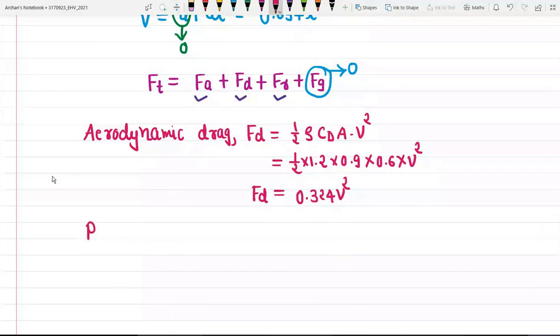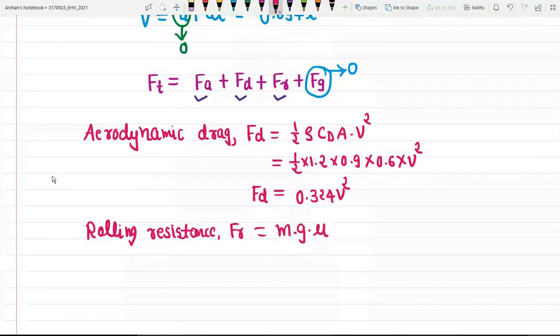Now let us try to compute the second resistance, which is rolling resistance. Rolling resistance FR is given by mg mu cos theta. But we eliminate the use of cos theta because the maximum gradient we practically find is around 10 to 12 degrees, and for that the cos theta value is nearly equal to 1.